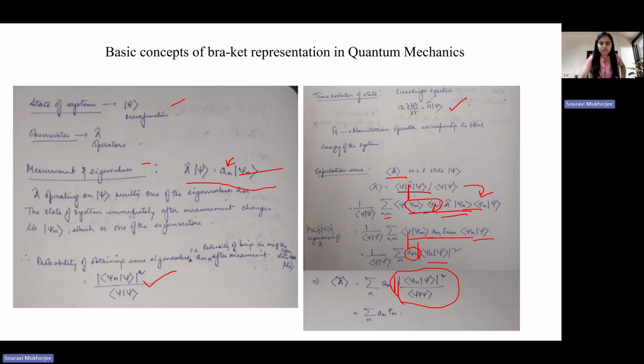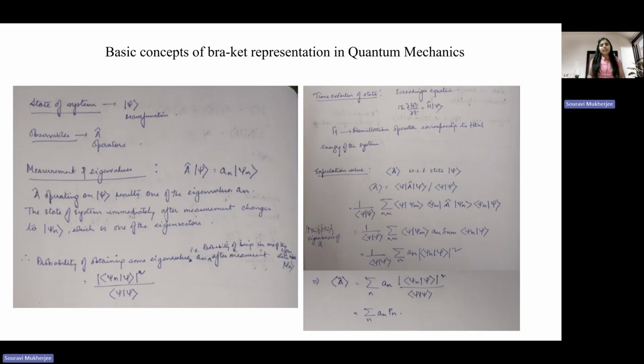So you have a n summed over all different values of n. That means you take into account all the eigenvalues and multiply each of them with their respective probability of being in that eigenstate. So this is how your expectation value looks. You can understand why the concepts are the same. We're actually learning to write it in a different form. And this is quite useful when you talk about quantum statistical mechanics.